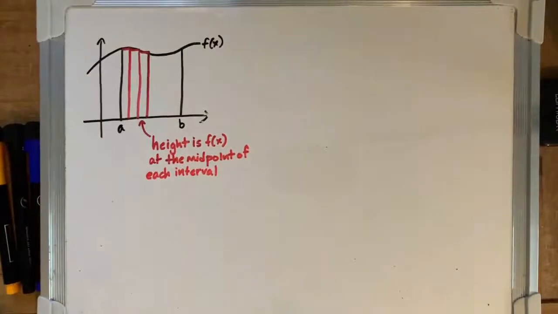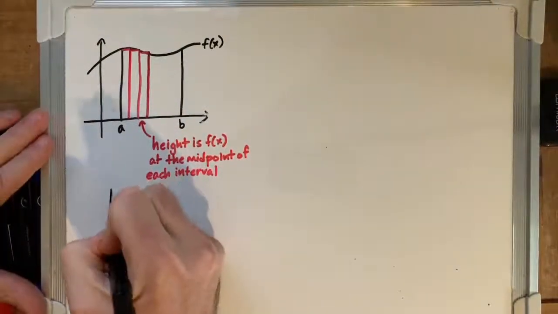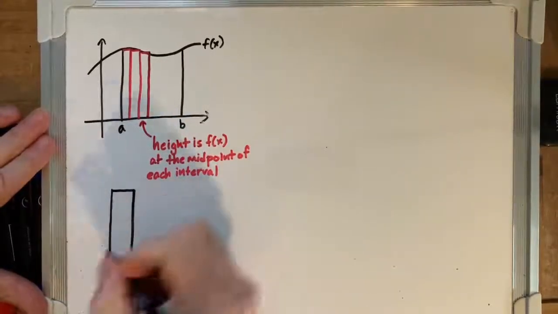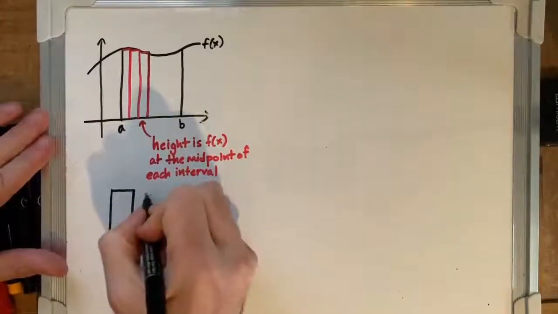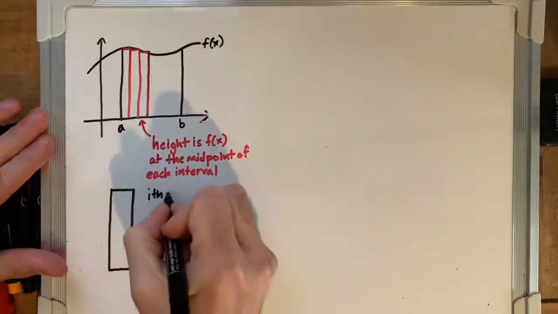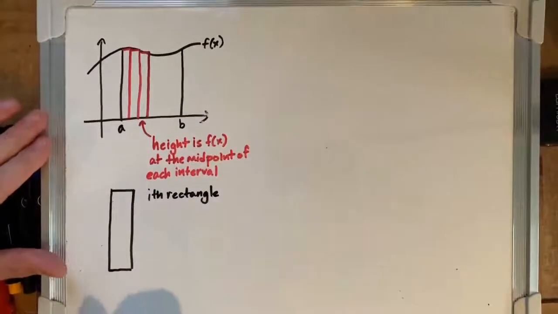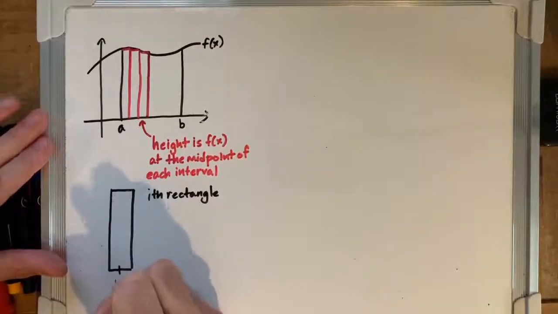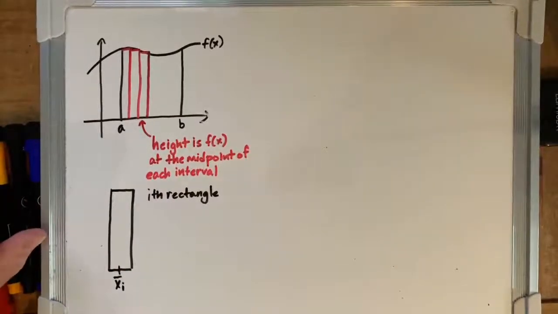Okay, and so if we are looking at one of the individual rectangles that we have here, I'm going to say that this is the ith rectangle, and we're going to say that x bar sub i is the midpoint of that ith rectangle.